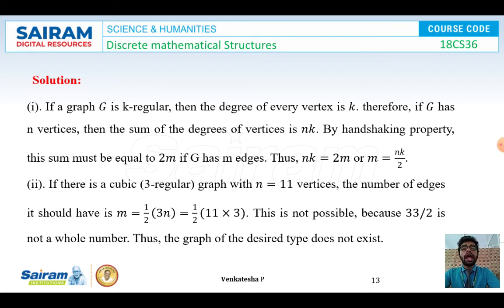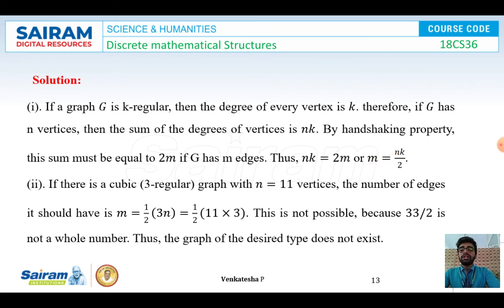Now by using the handshaking property, the sum of degrees will be equal to twice the number of edges. With this condition, I can equate nk is equal to twice the number of edges. So therefore the value of m will be equal to nk by 2.